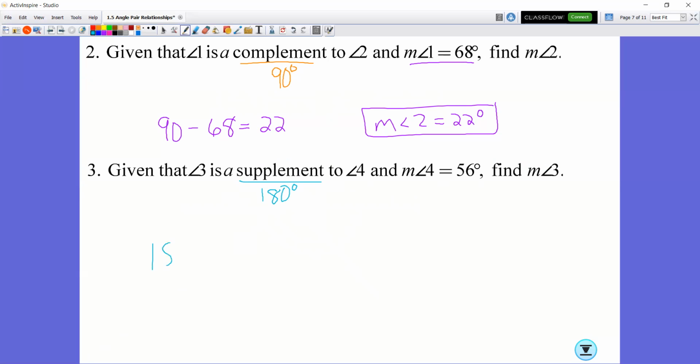We know it was supposed to be 180 together, so we subtract out the one angle we have. So 180 minus 56 is 124 degrees. So the measure of angle 3 is 124 degrees, because 124 plus 56 is 180. Easy peasy, lemon squeezy.